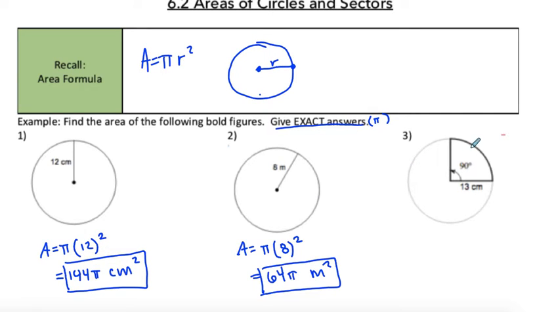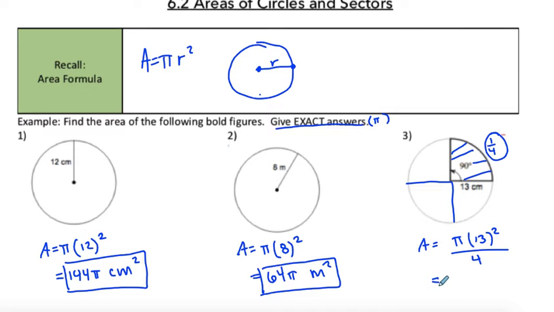On number 3 though, now we just want this piece of the circle. So how much of the whole circle is this? I see this as a quarter because we have 90 degrees and this has been split into 4 things here. So I'm going to take pi times the radius, which is 13, squared, but I want to divide that by 4 because I know that 90 degrees is 1/4 of my circle.